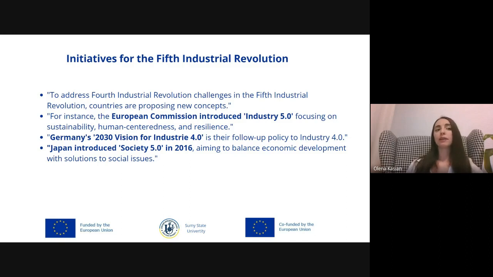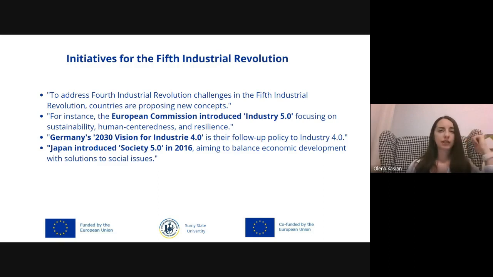For example, the European Commission has announced Industry 5.0, which aims at an ideal industry based on the concept of sustainability and resilience. While Germany announced the 2030s version of Industry 4.0 as the policy to follow Industry 4.0. Furthermore, in 2016, Japan announced Society 5.0.